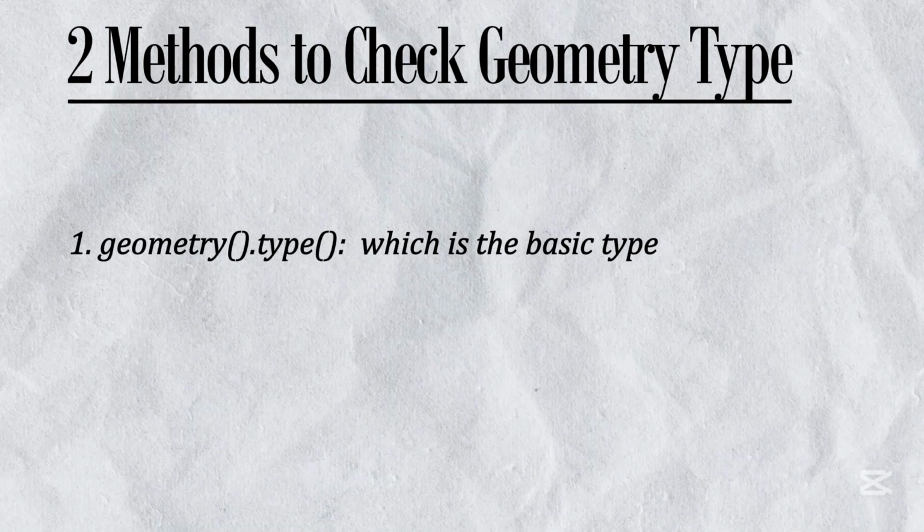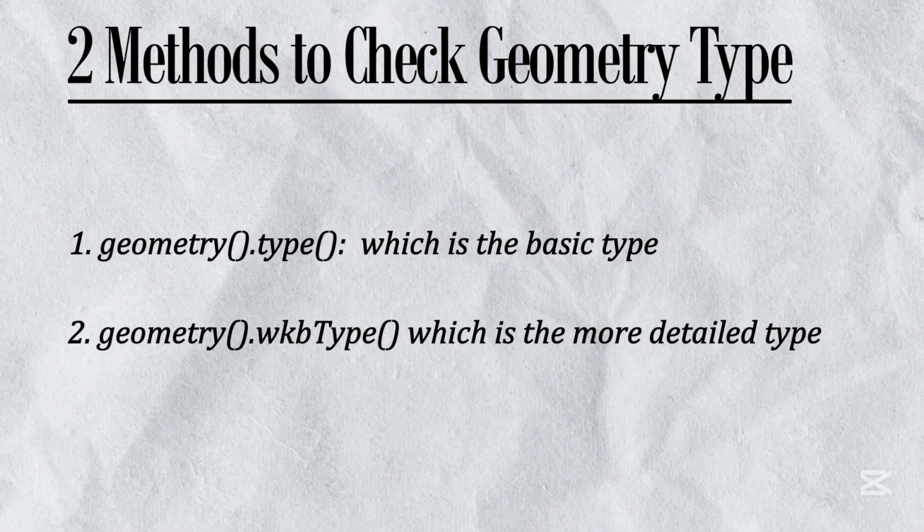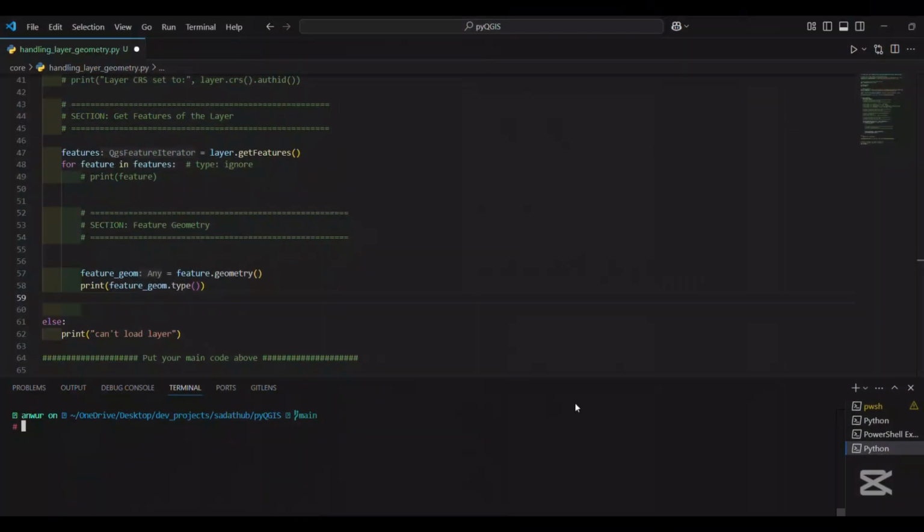PyQGIS gives us two main methods to check the geometry type of a vector layer. We have the type method, which gives us a basic information of the geometry of the layer, and we have the WKB type method, which gives us a much more detailed information on the geometry of the layer.